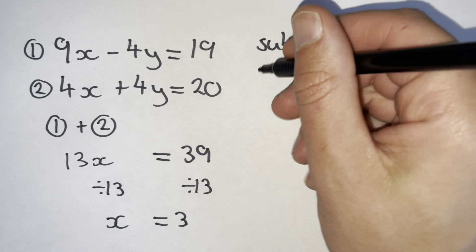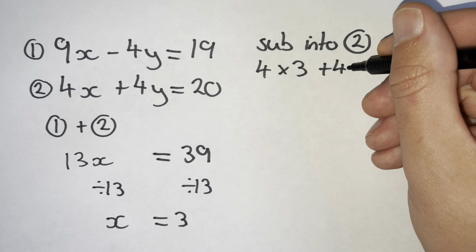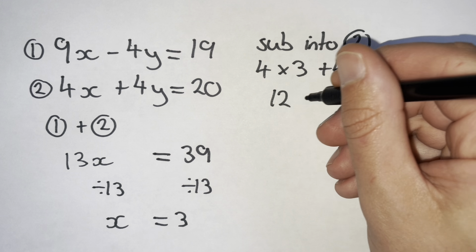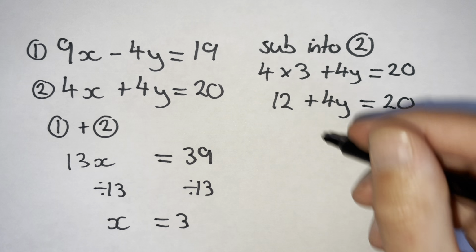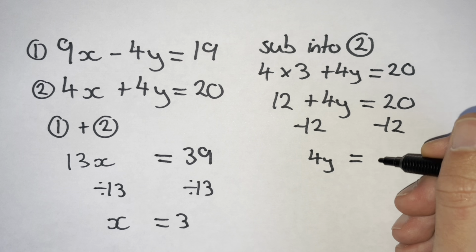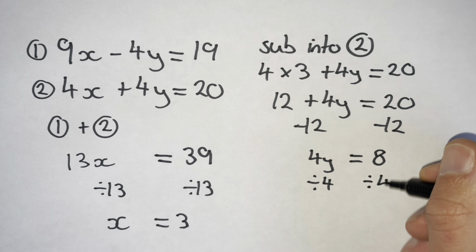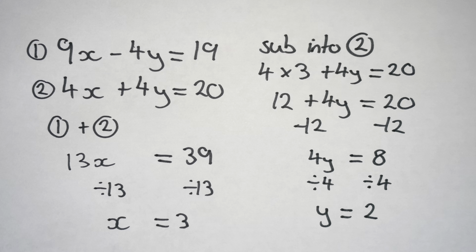That means 4 times 3, because x is 3, add 4y equals 20. 4 times 3 is 12, add 4y equals 20. We can subtract 12 from both sides to get 4y equals 8, and finally divide by 4 to find that y is equal to 2. So we've solved our two equations, x equals 3 and y equals 2.